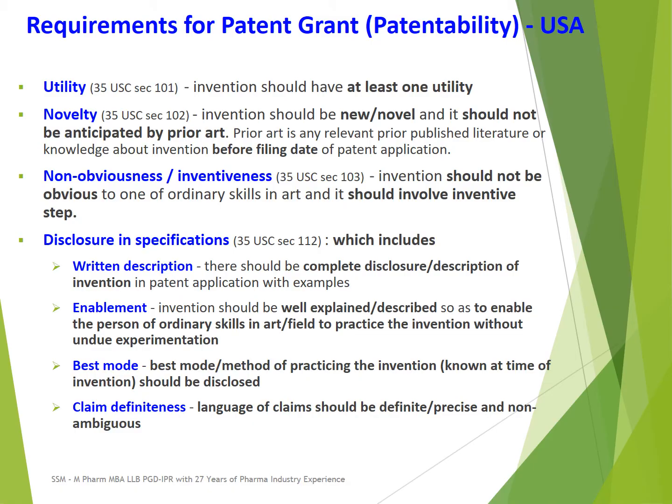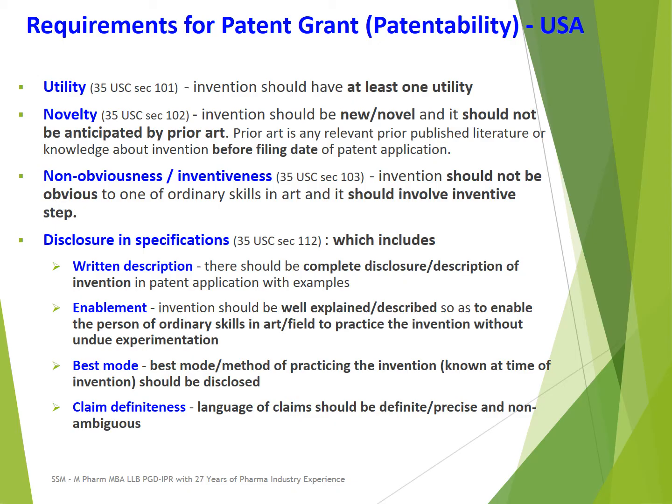And prior art is any relevant prior published literature or knowledge about invention before filing date of your patent application. So your invention should be new, it should not be anticipated by prior art reference or prior knowledge.